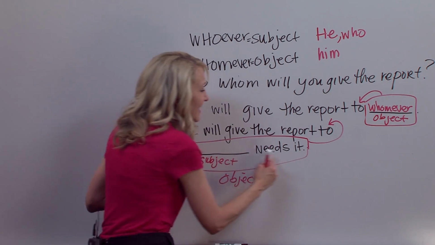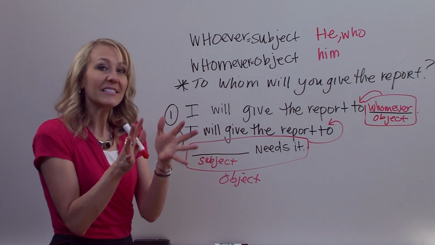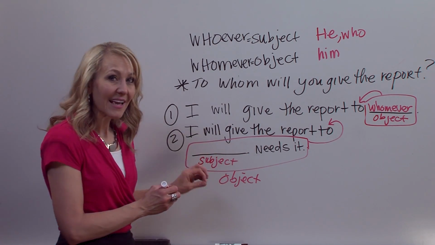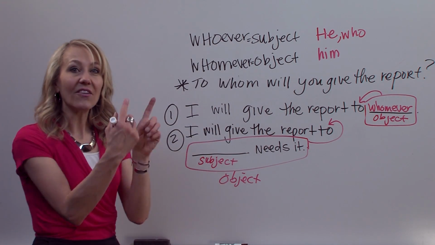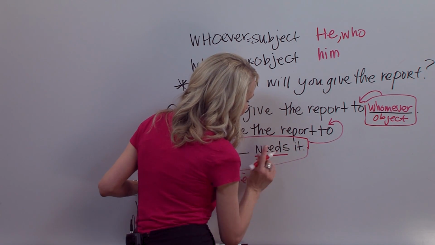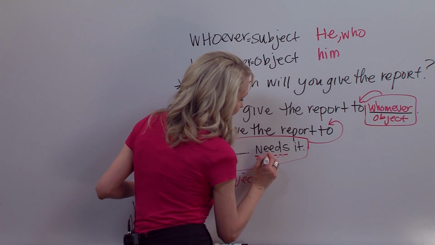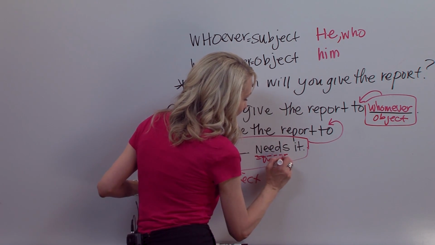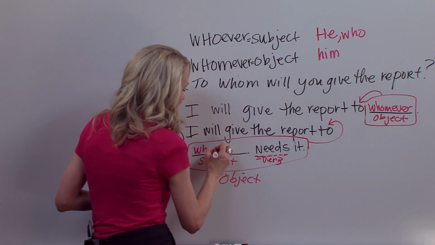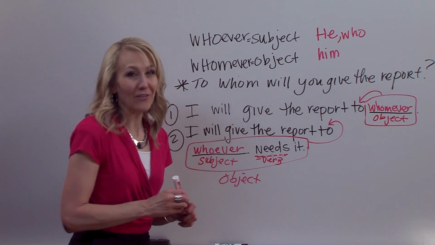The difference is that the word right here is functioning as the subject of this embedded clause. So it's functioning as the subject of this, I'm going to make it dotted because it's secondary, of this verb. So in fact, I here need to use whoever.